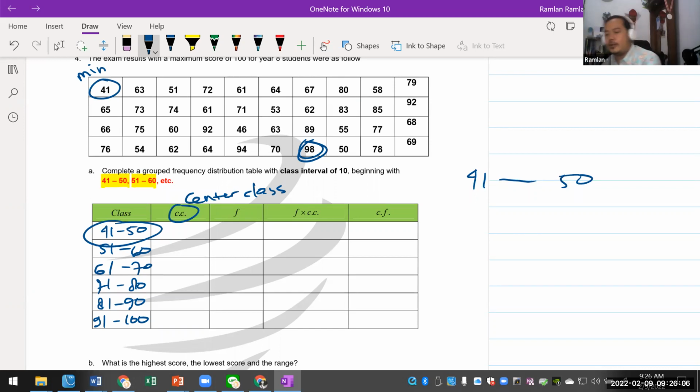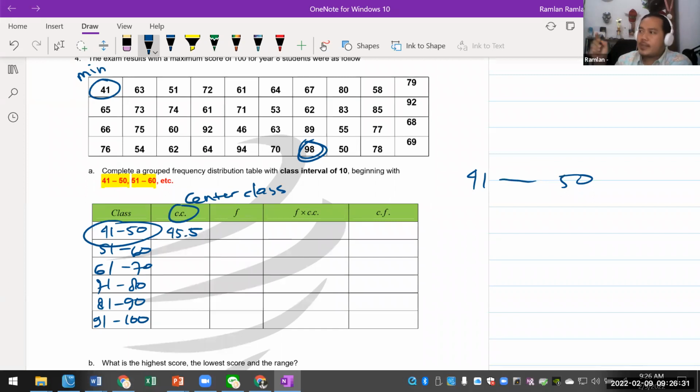What is the midpoint? Tengah-tengahnya angka berapa? Antara 41 sampai 50. 41 sampai 50, 45, 46. 45, 46, tengah-tengah ya? Iya. Berarti 45 sama 46 kita tengah-tengahnya jadi berapa tuh? 45 setengah, atau 45,5. Okay, good. So this is going to be 45.5.